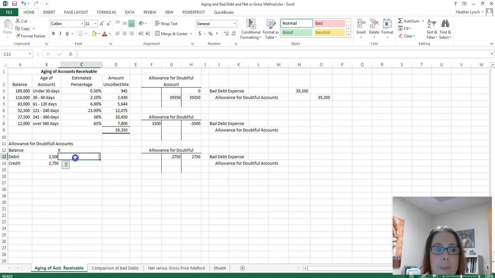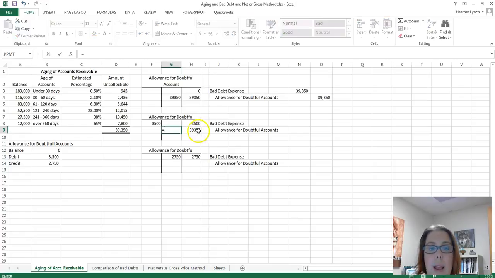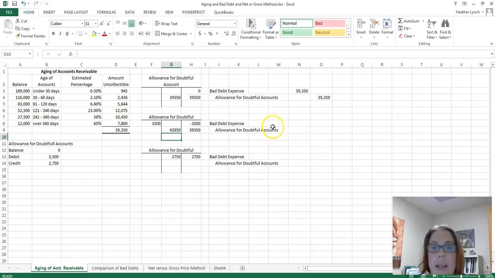Now let's look at what happens if the allowance for doubtful accounts has a debit balance. If it has a debit balance, we have a negative $3,500. I need the balance to be $39,350. So what I wind up having to credit is you will actually add those two together, because if you take $3,500 as a debit, subtract it from $42,850, that gives you the $39,350.